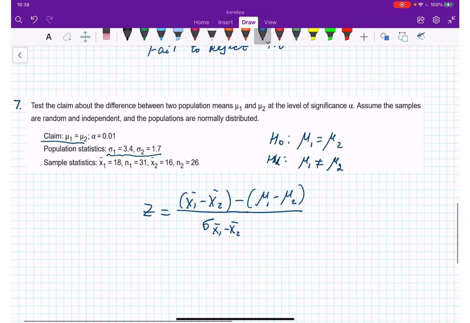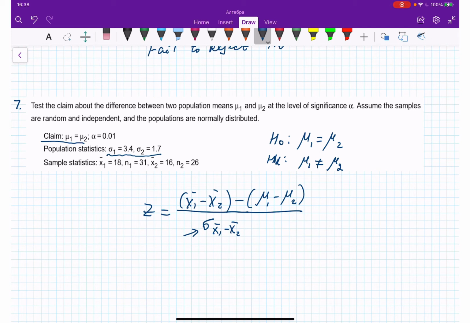Sigma x1 minus x2 is in your Excel, in the worksheet 1.